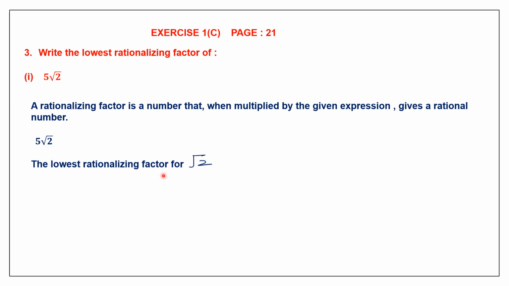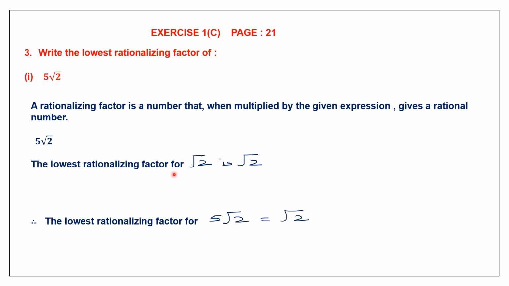The lowest rationalizing factor for root 2 is root 2 itself, because root 2 into root 2 will give us 2. That means the lowest rationalizing factor for 5 root 2 is root 2. We just need to multiply it with this.